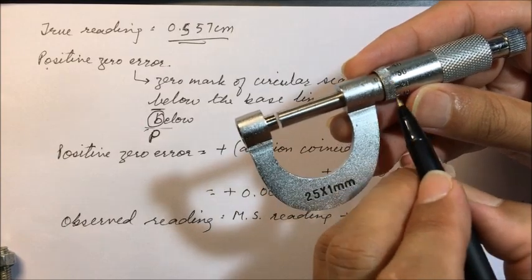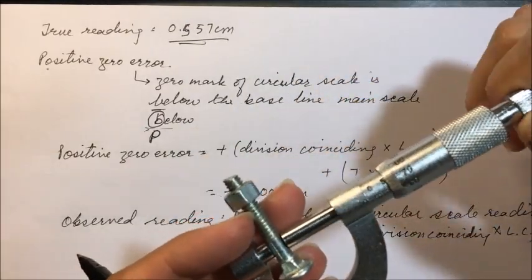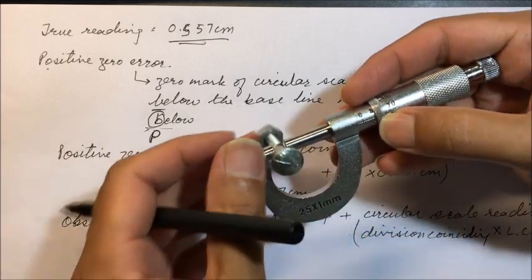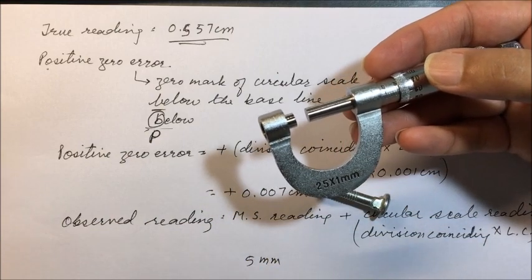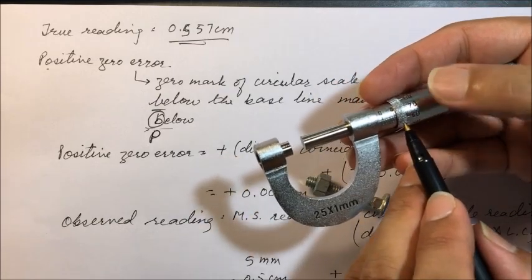For the observed reading, the main scale is at 5 mm, that is 0.5 centimeter, plus which division is coinciding?